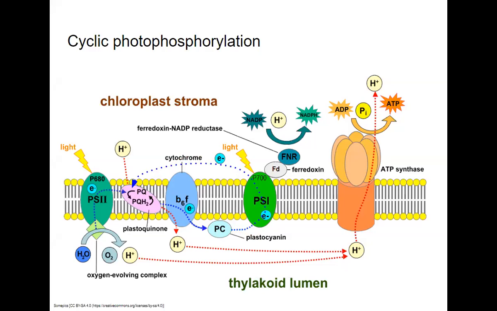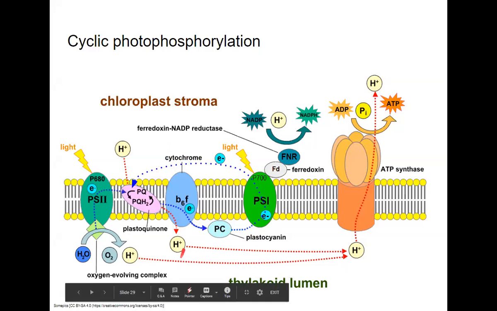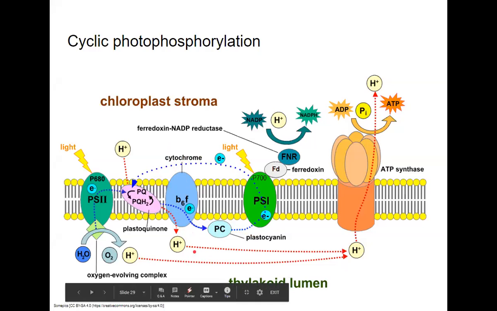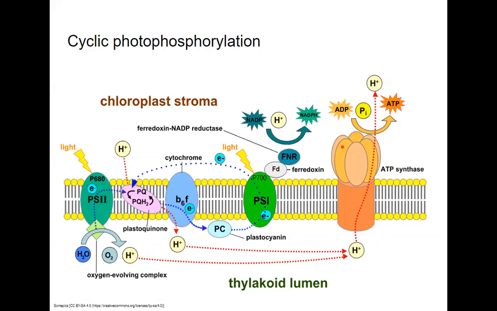When we do that, what are we going to be able to do more with now? We're going to be able to pump more protons across. So now, with cyclic and non-cyclic photophosphorylation, our lake of protons is big enough to run our turbine that we need to turn. So both processes work together to form enough ATP. Questions about the distinction between those two?